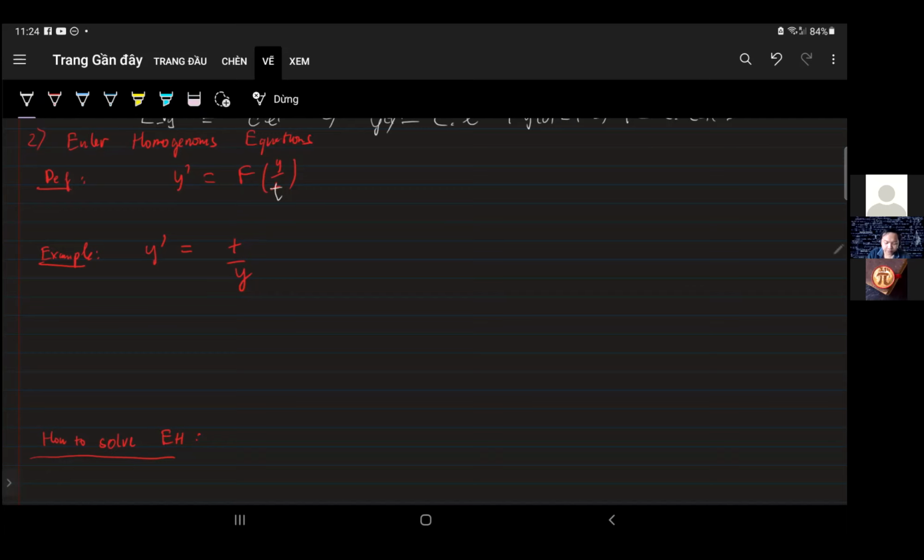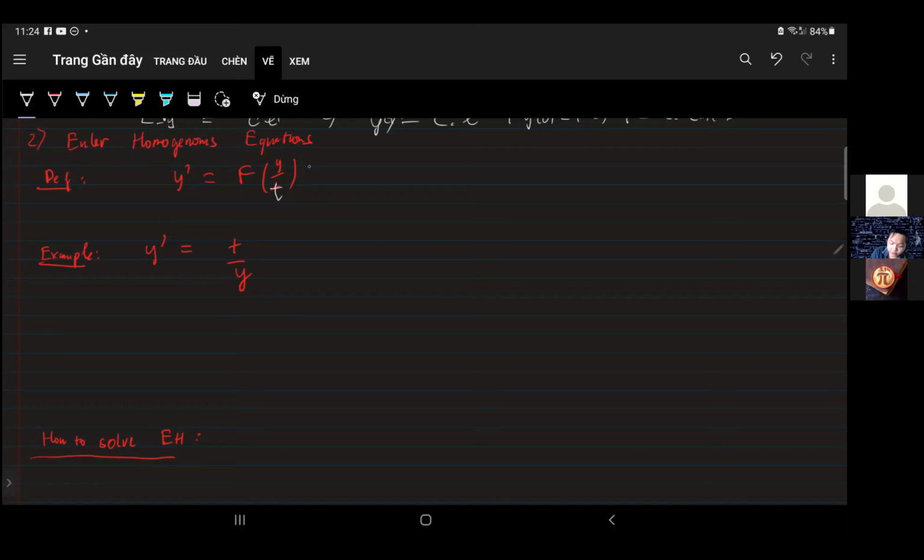So one of the examples I picked here is y prime equals t over y. And you may wonder what is the signal that we can use to classify whether it's an Euler homogeneous equation or not. One of the ways I usually do it is to count the order of the polynomial.